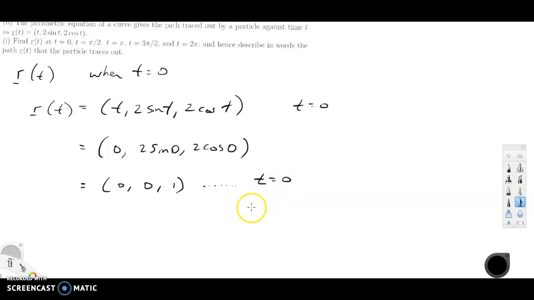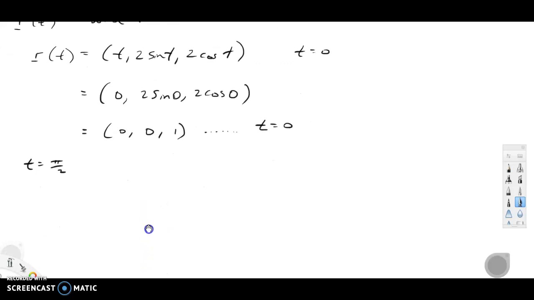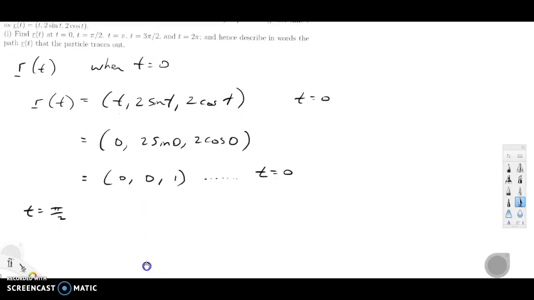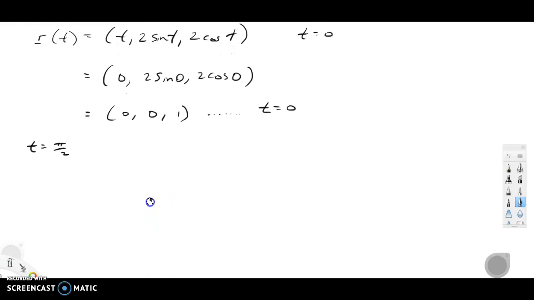Now, where's the particle going to be when t equals pi over 2? So t equals pi over 2.